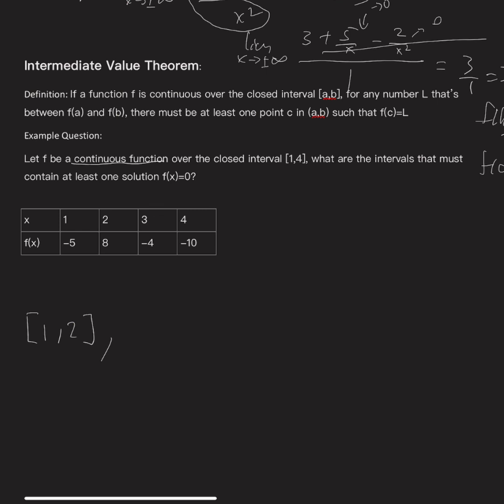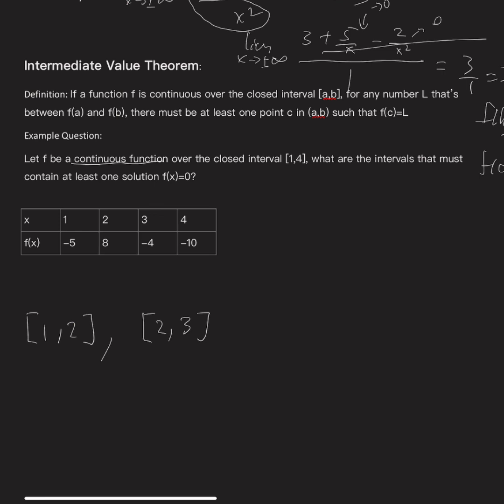Let's see if we have more. 2 to 3, 8 to -4. Because we switch sign here, it must cross f of x equal to 0. So 2, 3 is another interval. Let's see 3 and 4. -4 to -10. It doesn't cross sign here, so we don't guarantee it reaches 0.